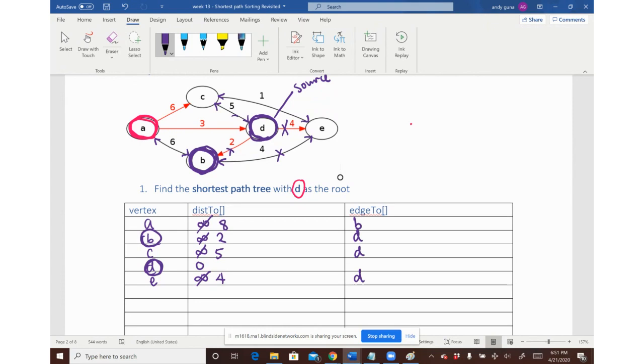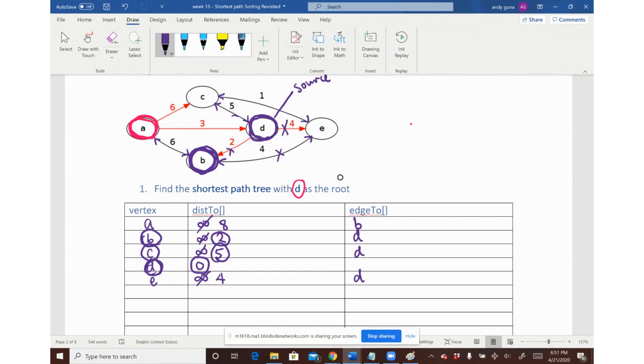Okay, what's the next thing to relax? Let me just circle those things that were already relaxed. So it's going to be C. From C, I can only try to relax either A or E. Can I relax A?